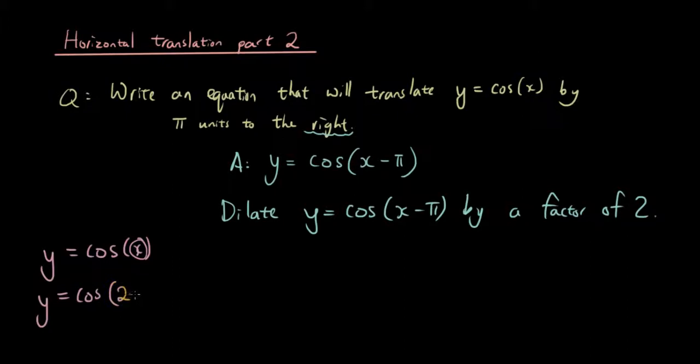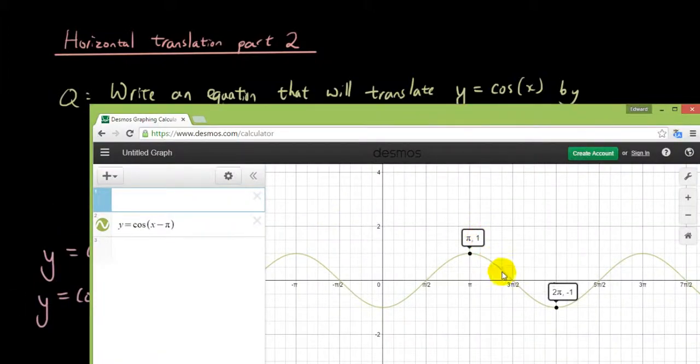So it's going to give you 2 times the input, which is x. Now the similar thing is going to happen here, but because we've already translated it, the answer is actually 2 times whatever was in the input. So it's 2 times x minus pi. And that will dilate it by a factor of 2.